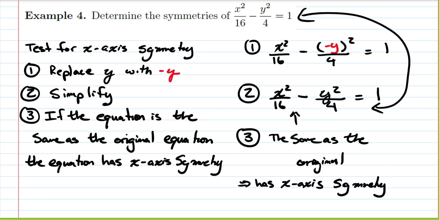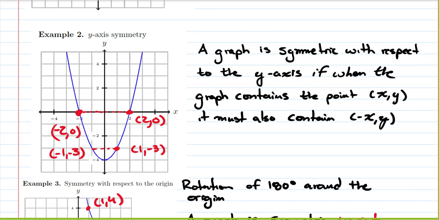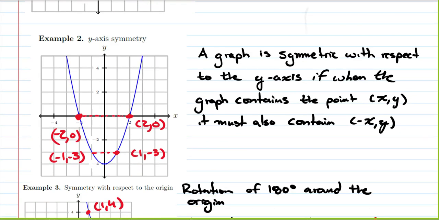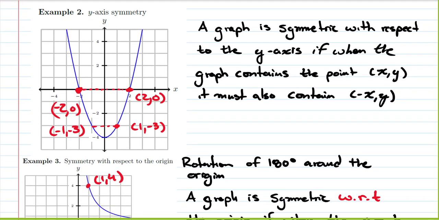All right, so now we want to do the same thing. We want to determine if this has y-axis symmetry. Well, if that's the case, what's the only thing that's going to change? For y-axis symmetry, instead of having y and negative y, what did we have? We had x and negative x.